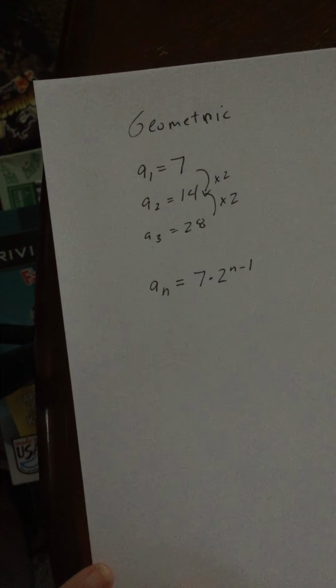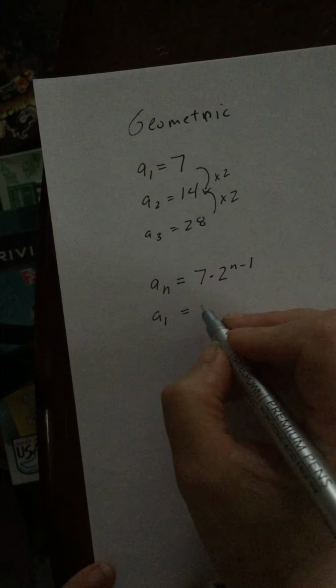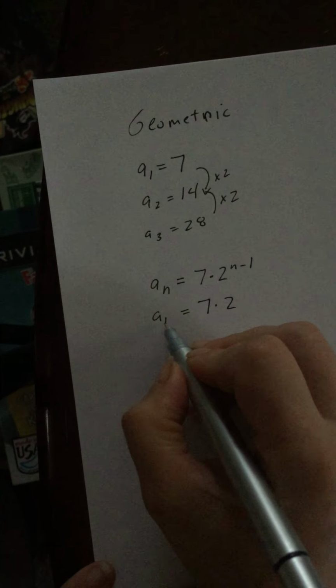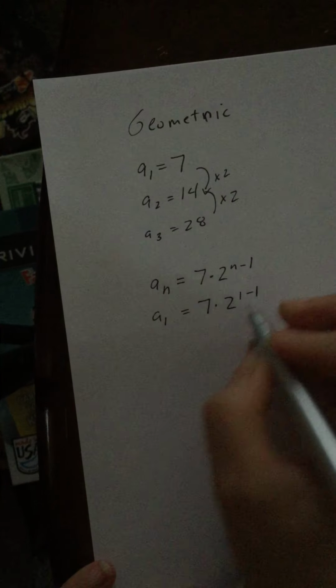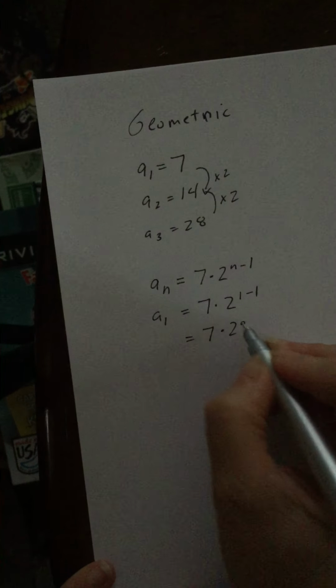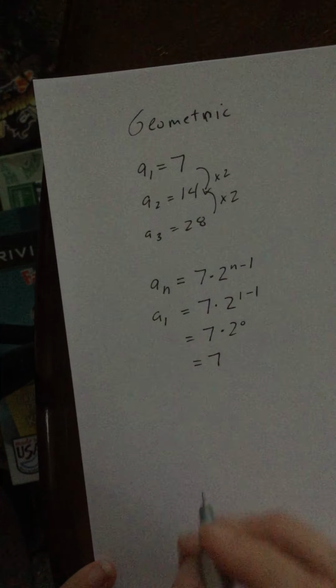And you'll be able to do these later in the course. Okay, so let's just check that it generates it. A1 would be 7 times, I plug in 1 for the n, 1 minus 1, so it's just going to be 7, and then it's going to be times 2 to the 0. And so I really do get 7 out as my first term.